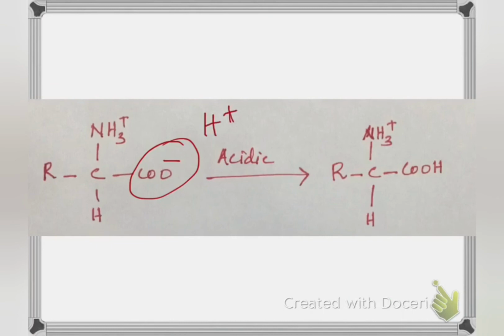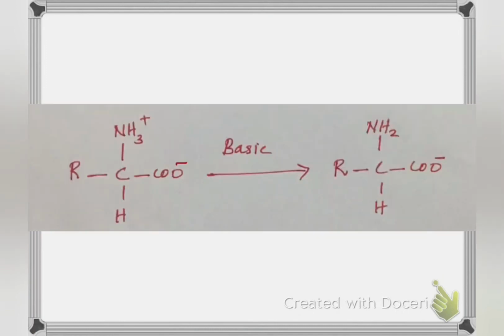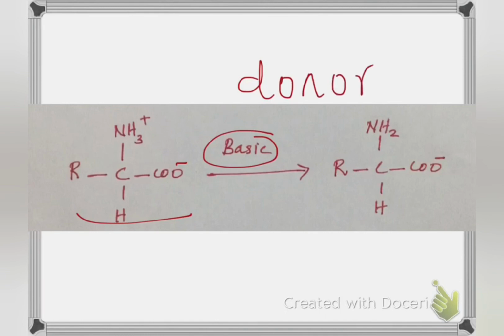But in the basic condition, the Zwitter ion acts as a proton donor, because from the NH3 plus, one H plus is removed and given to the OH. So in the acidic condition the Zwitter ion acts as proton acceptor, and in the basic condition it acts as proton donor.